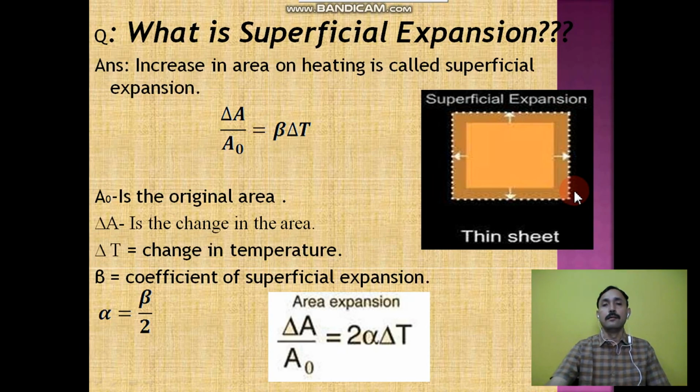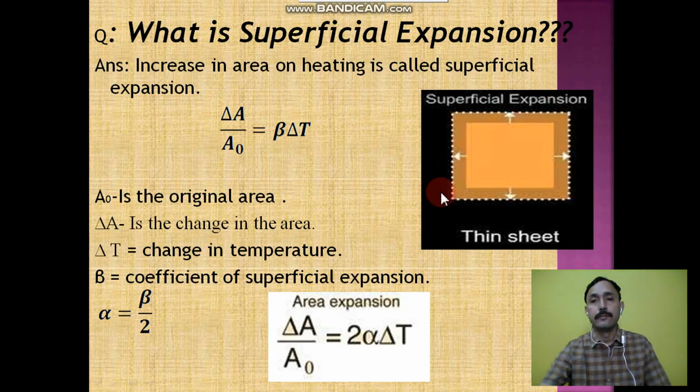Let us consider at temperature T, the area is A0. That is the original area. Now the temperature becomes T plus delta T. The area becomes, say, A. So change in area is A minus A0, we are representing it as delta A.